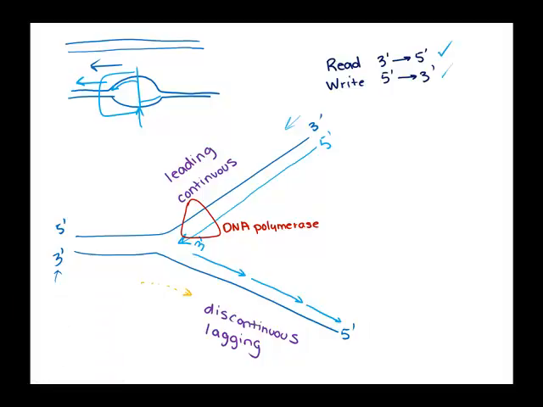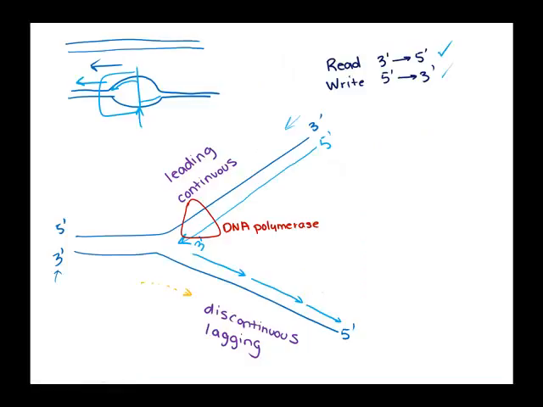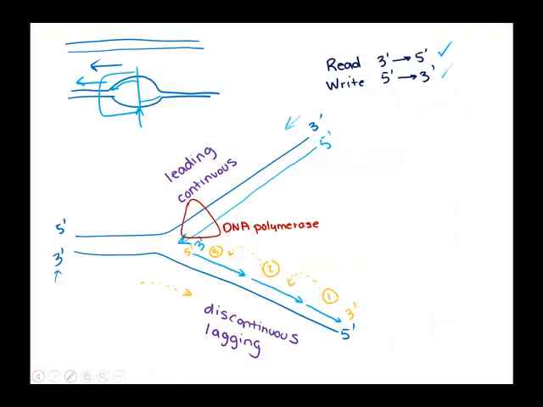So what I'm doing as an enzyme is I'm first creating this piece of daughter strand, and then hopping backwards and then creating this piece of daughter strand, and then hopping backwards and then creating this piece of daughter strand. So notice, by doing that, I'm still following my rules, right? I'm reading 3' to 5', I'm writing 5' to 3', okay?